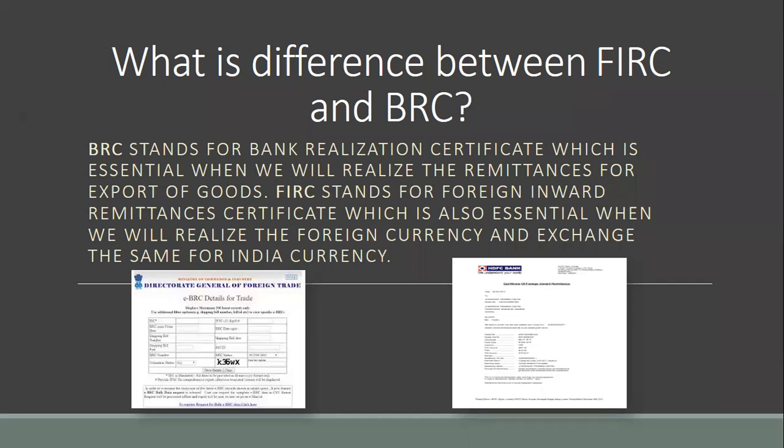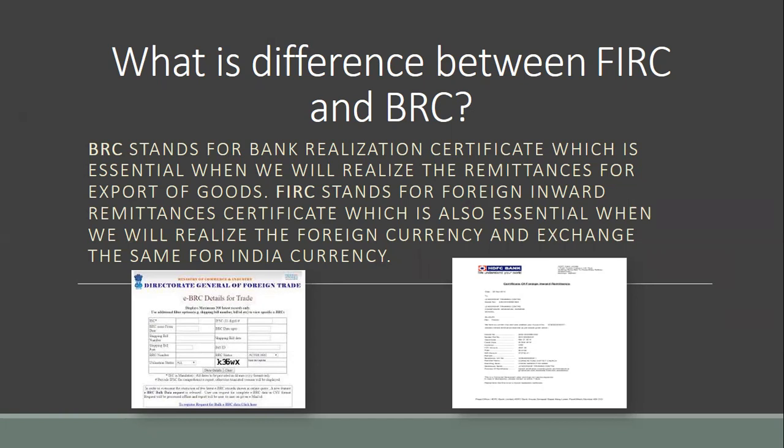export shipment. We export the shipment, then we receive payment, and this document, BRC, is issued in respect of the shipping bill number. But in the FIRC case, if you receive any advance payment from overseas and the bank is not aware of which shipment the payment was received for, it means that the payment is not reconciled or matched with any export.